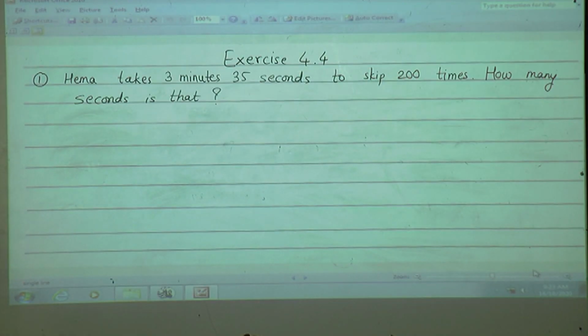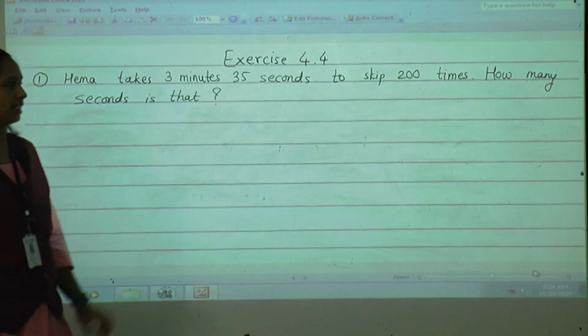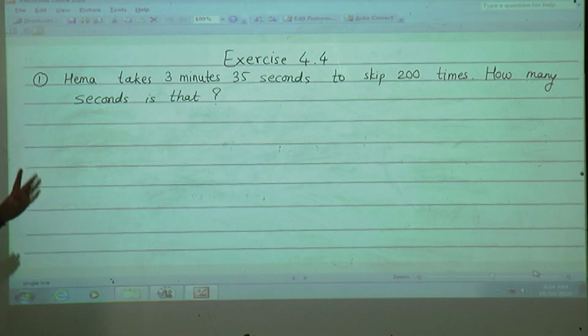Exercise 4.4, first question. See, what is the question? Hema takes 3 minutes 35 seconds to skip 200 times. You know skipping, na? Yes, दोरीवरच्या उड्या we say, isn't it? So the girl Hema skips 200 times in 3 minutes and 35 seconds. So how many seconds is that?